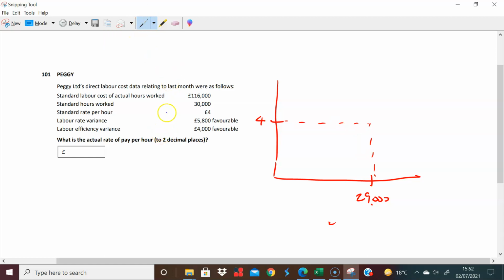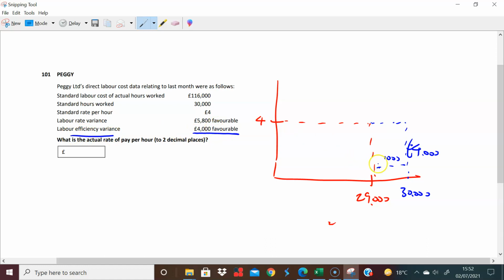It tells us the standard hours were 30,000. That was the plan, 30,000. And you can actually test it. You were supposed to do 30,000, you've done 29,000, that's 1,000 hours. And that's 1,000 times 4, and that's 4,000 pounds favorable. That's the 4,000 favorable you're seeing here, this labor efficiency variance.